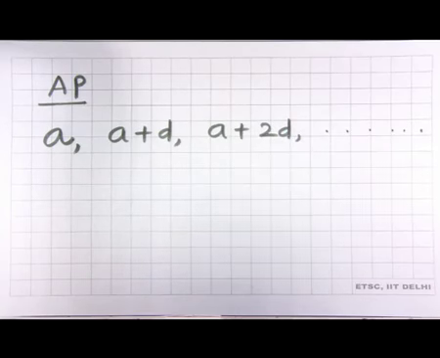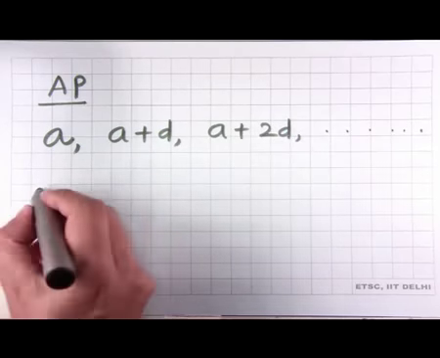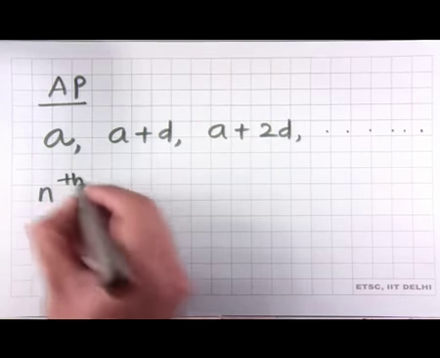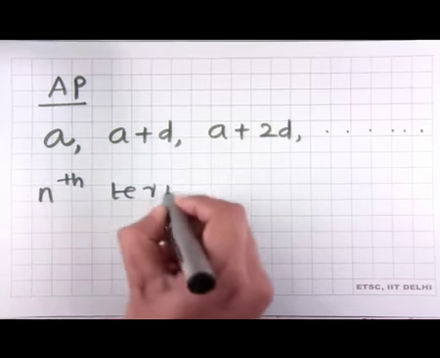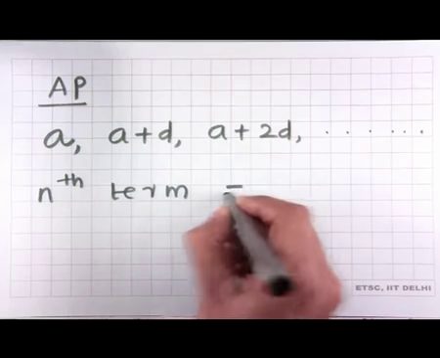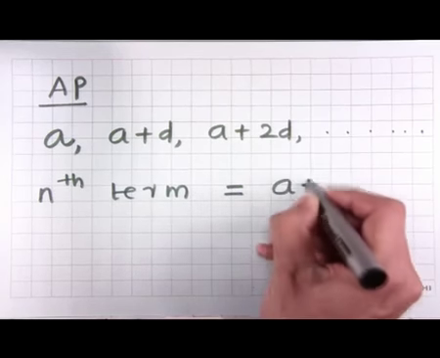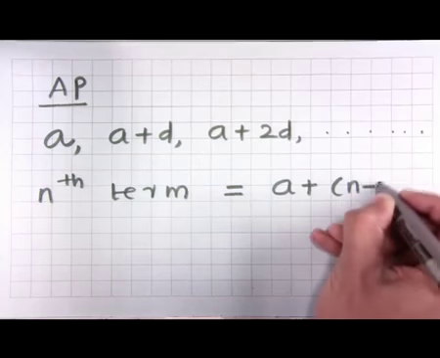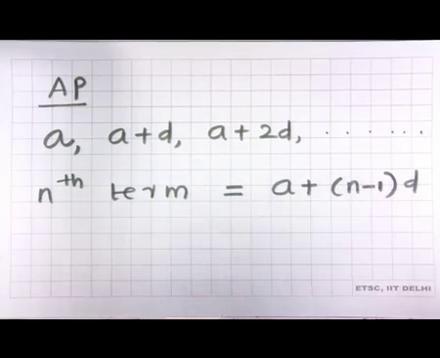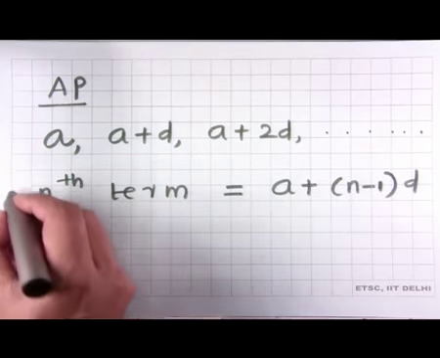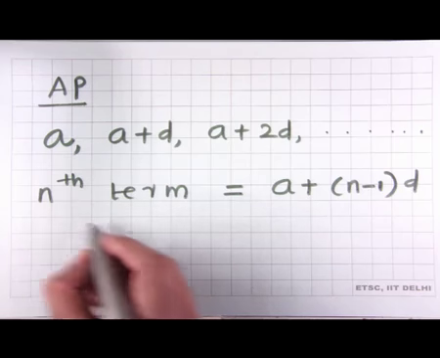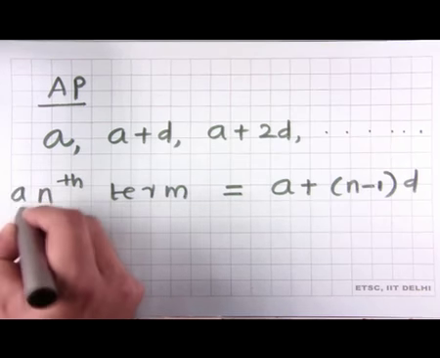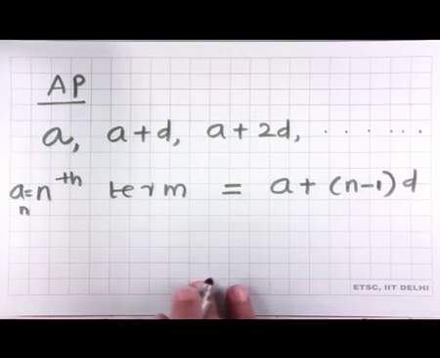In this AP, the nth term is given by the formula a plus (n minus 1) into d. We shall denote the nth term by An or sometimes by Tn.